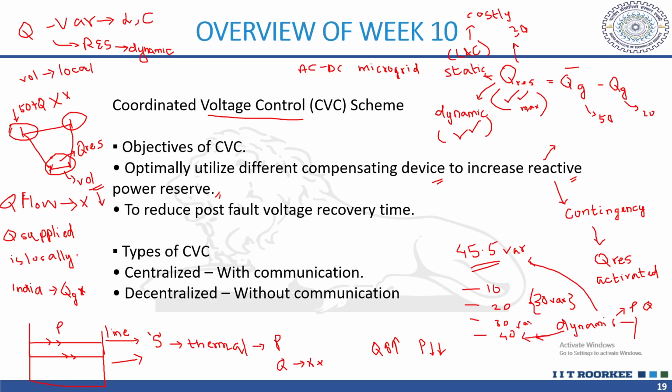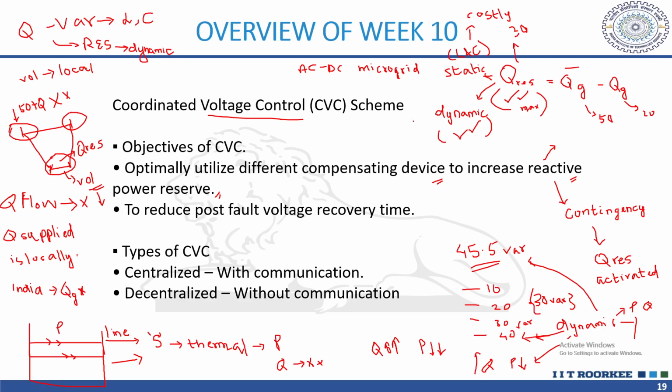But now suddenly you want 50 VAR in the system. There is a trade-off between P and Q. If the system requires more Q, they can decrease their P to increase their Q to meet the system requirement.